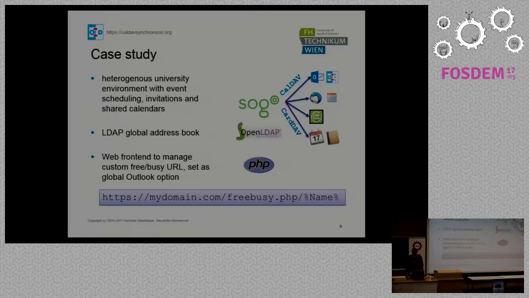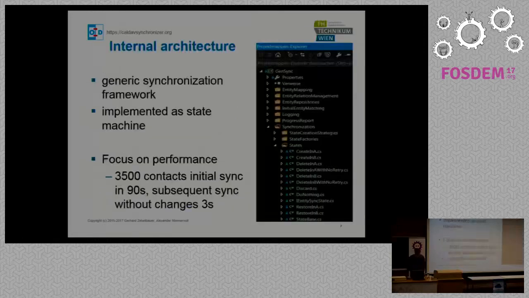The internal architecture is implemented as a generic synchronization framework, so it's not limited to CalDAV or CardDAV sync. We can sync arbitrary entities which are versioned with server entities. It's implemented internally as a state machine, a rather generic architecture, and the focus is on performance. We did some tests recently. For example, it's possible to sync 3,500 contacts initially in 90 seconds.